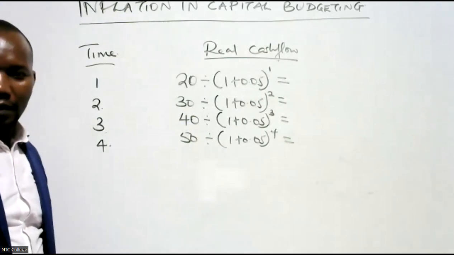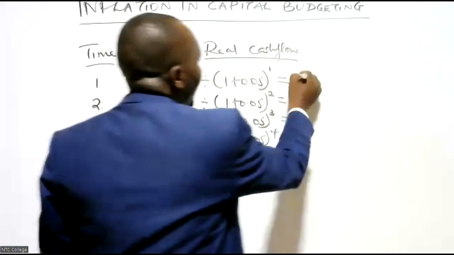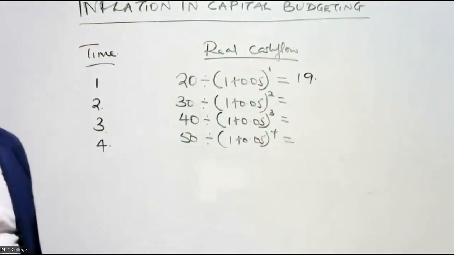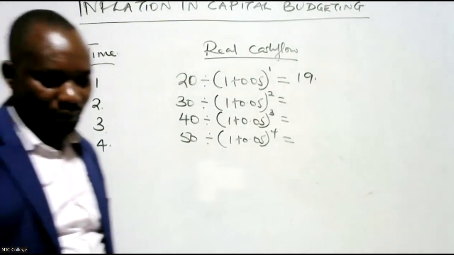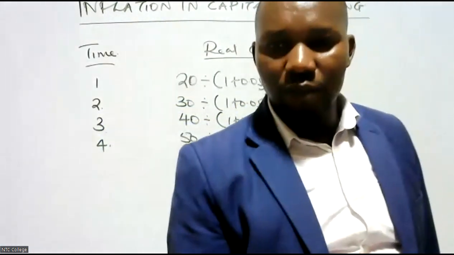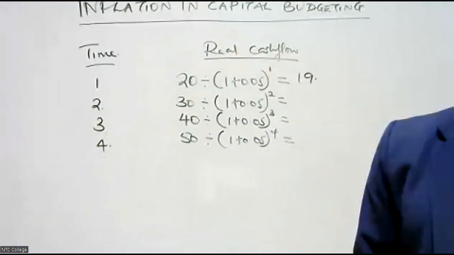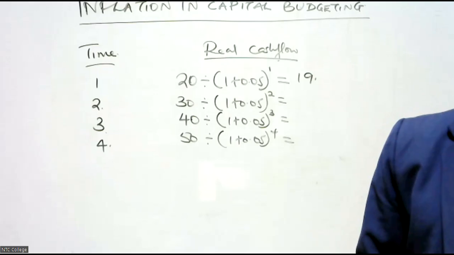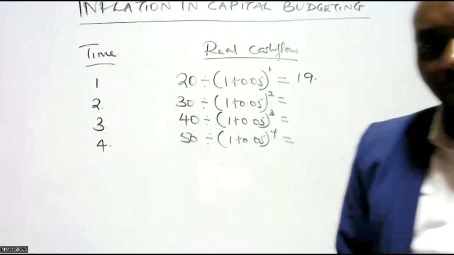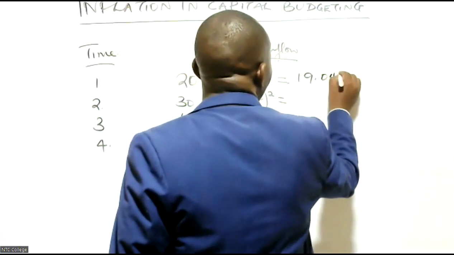$19. Are you sure? Don't round off, just give me the figure. 19 point... What are you getting, Ruth? Is it 19 or 19 point something? 19.047.